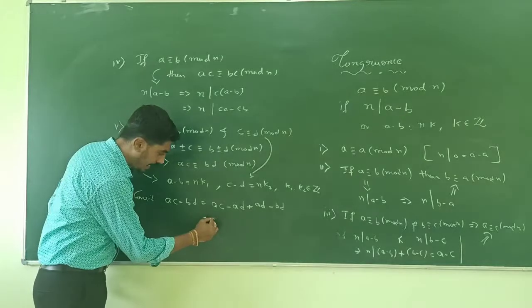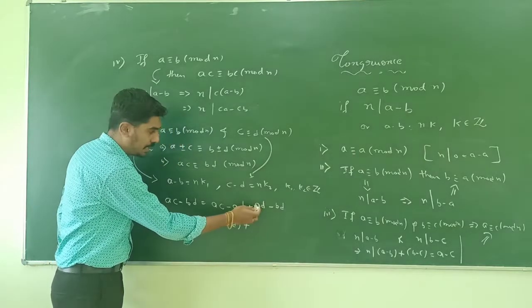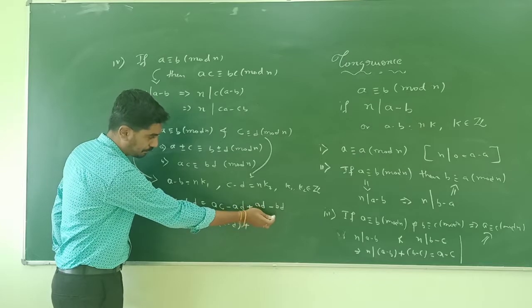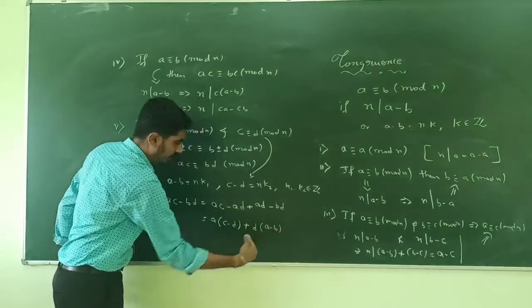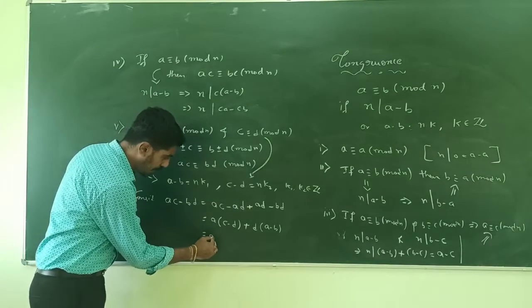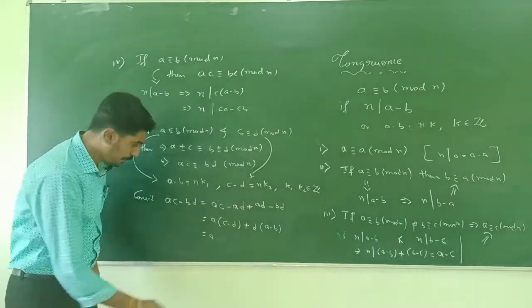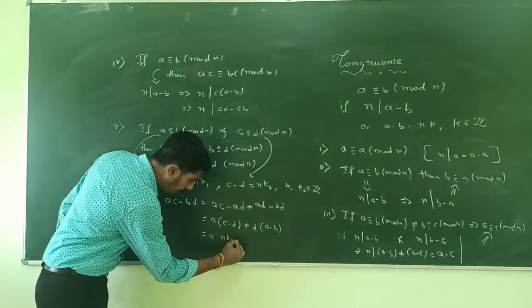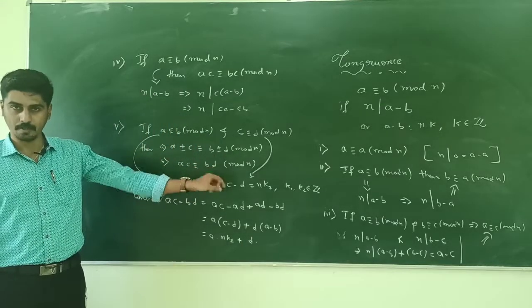Here you take A as common, you get A into C minus D, plus here we can take D as common, D into A minus B. This is equal to A into C minus D, which is n into k2, plus D into A minus B, which is n into k1.